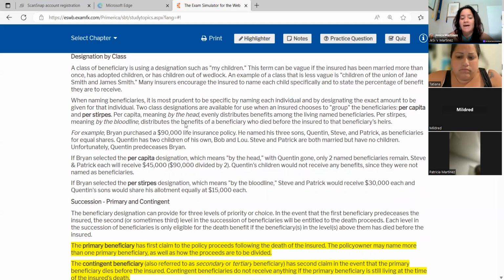So per capita, meaning by the head, evenly distributes benefits among the living named beneficiaries. Per stirpes, meaning the bloodline, distributes the benefits of a beneficiary who died before the insured to the beneficiary's heirs.